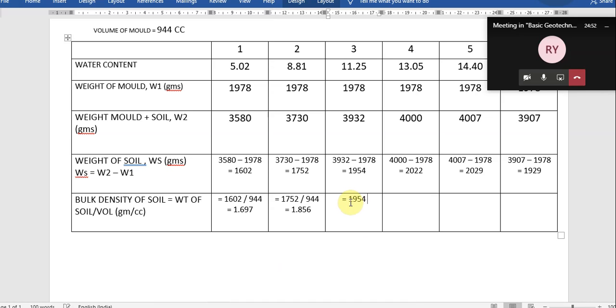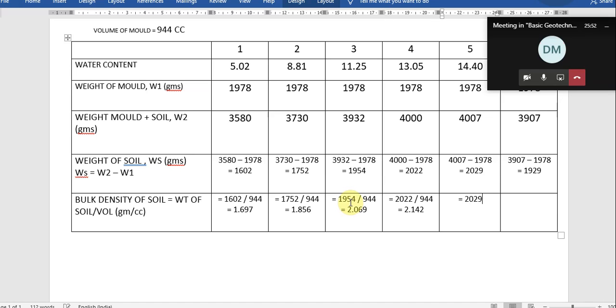Next trial, 2.069. Fourth trial, what is the bulk density for the fourth trial? 2.142.